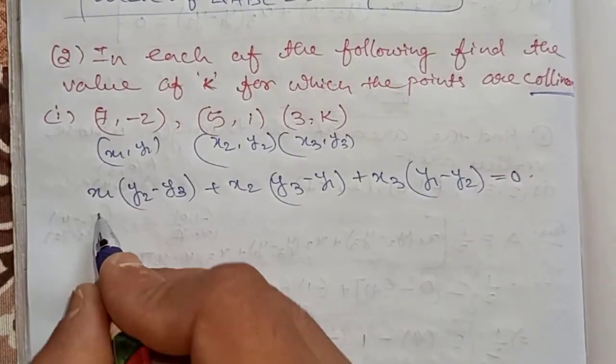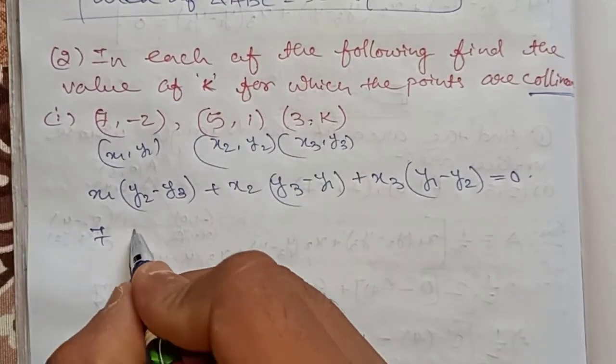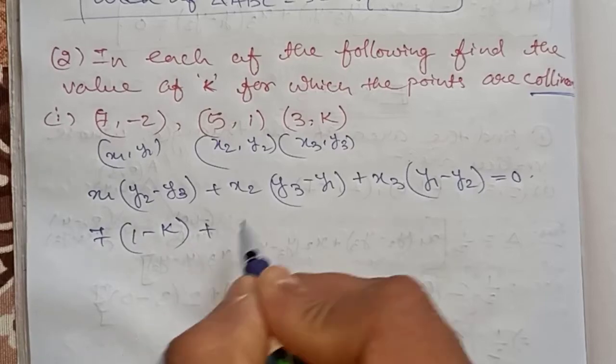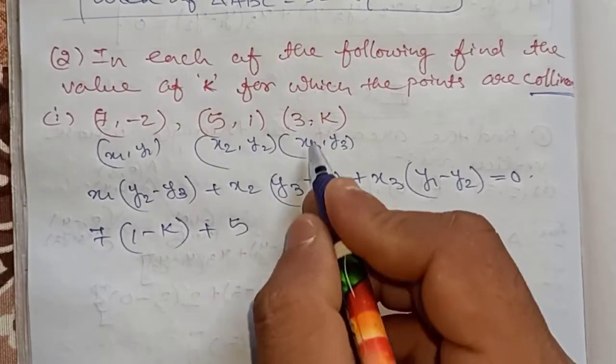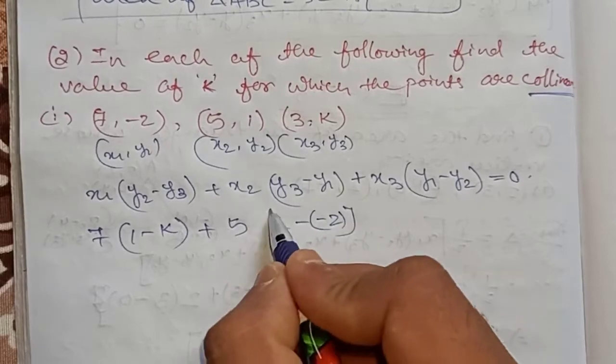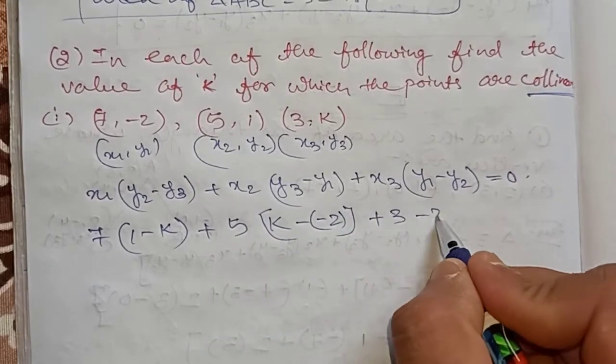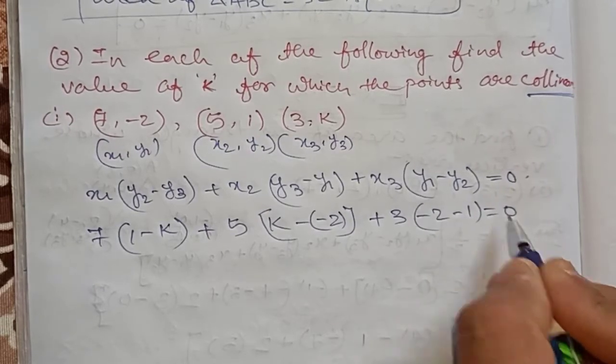What is x1? x1 is 7, y2 is 1, 1 minus k, plus x2 is 5, y3 is k minus minus 2, plus x3 is 3, y1 is minus 2 minus 1 equals to 0.